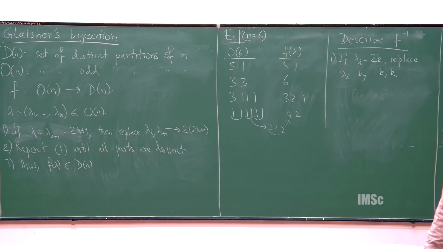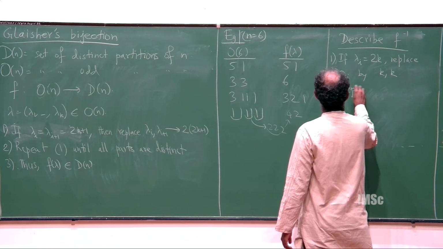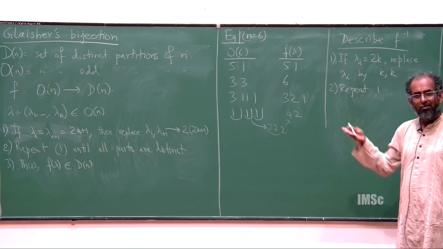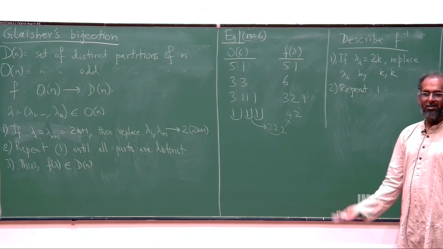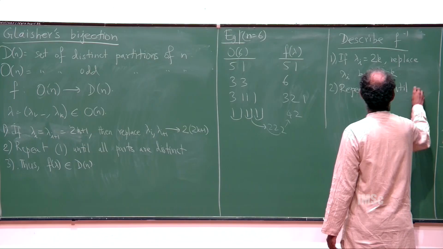Of course this could still be even, right? If I take 8, I will get 4, 4. That's not good enough, so I have to go back and repeat. So then I do the same thing. Repeat step 1. And when does this process stop? If there are no even parts, which means they are all odd parts. So repeat step 1 until all parts are odd.